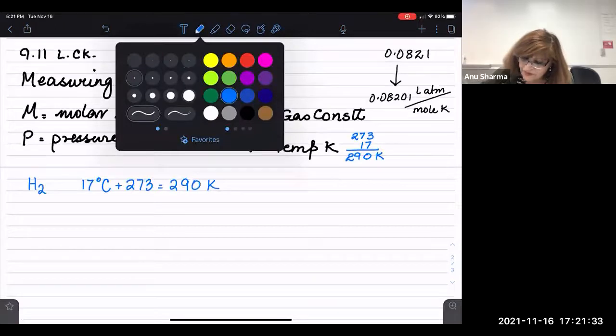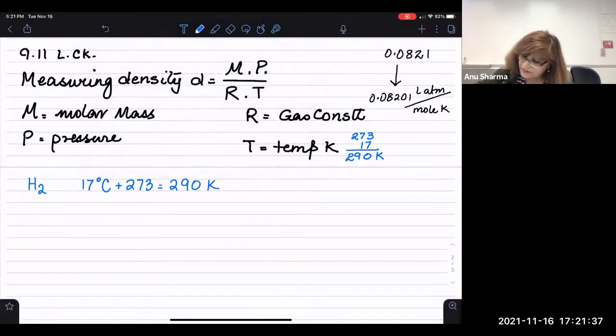So 290 K. So that temperature given plus 273 is equal to 290 K. Next, the pressure given is 760 torr. Now keep this in mind that you are given the torr, but here is the ATM. So if you have a torr, you need to convert to ATM.